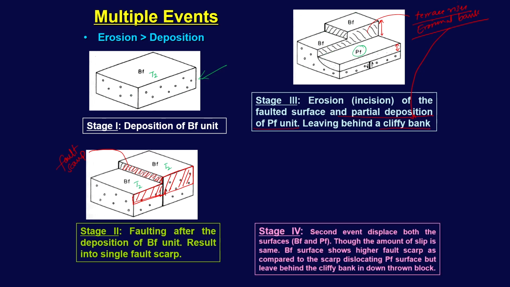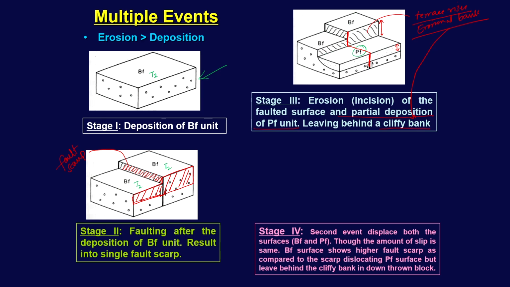Further, a second event displaces. If the second event takes place, then it will displace this whole portion along with this one over here. So the fault trace goes here, and then there will be displacement here. So if you have a second event, though the amount of slip is the same, the BF surface shows a higher scarp.